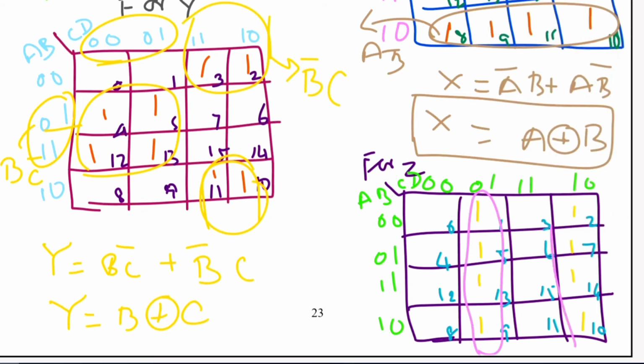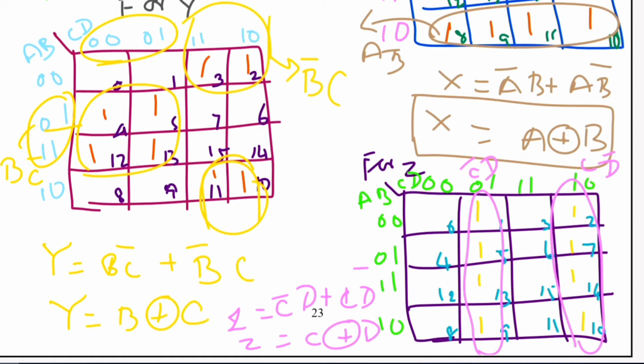We need to group here and here. What is the value here? It is C bar D. What is the value here? C D bar. So that we can write Z is equal to C bar D plus C D bar, which is none other than C XOR D.